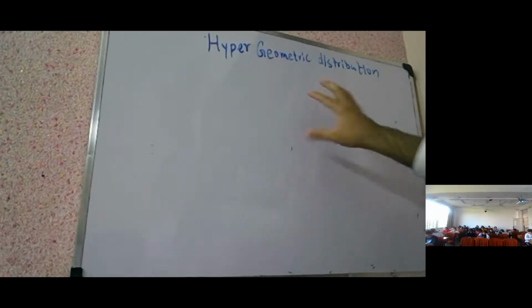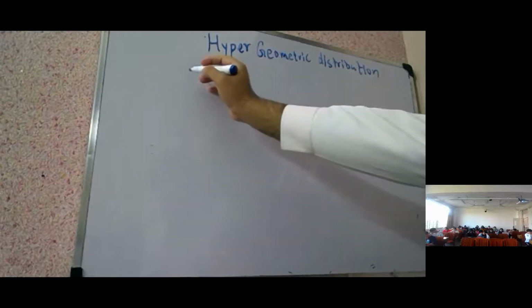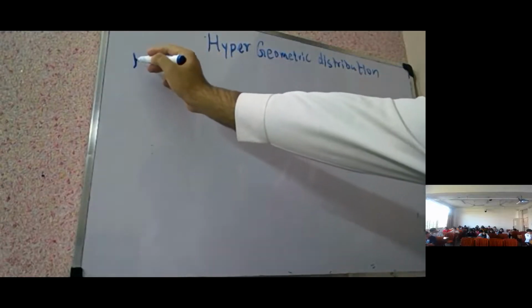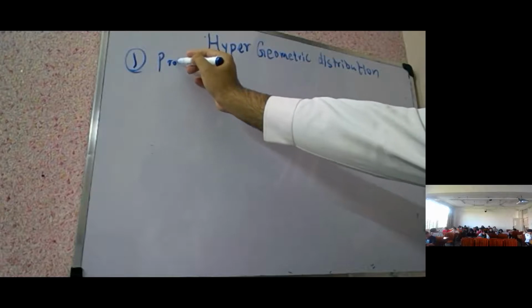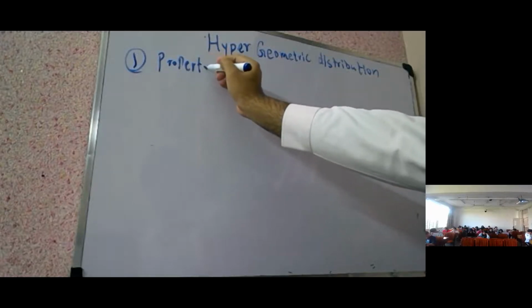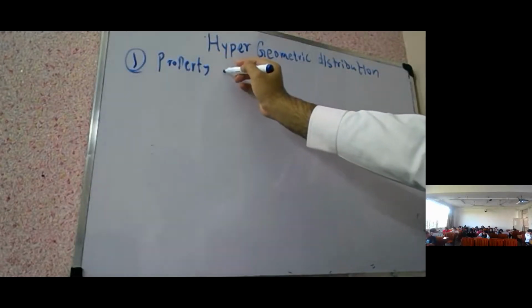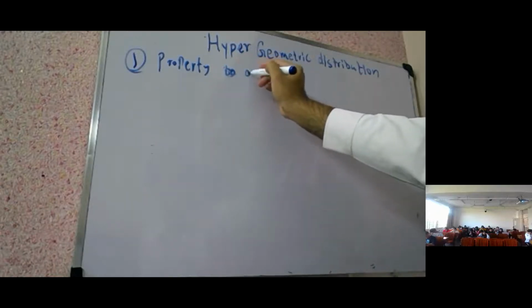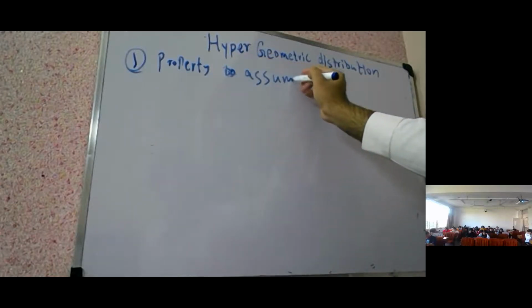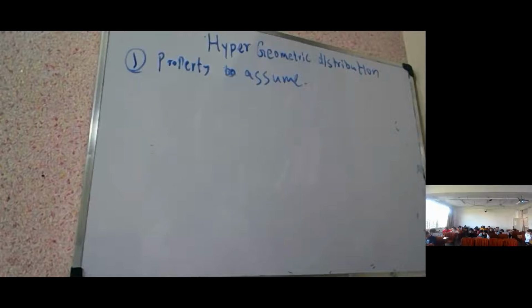Now, what's the difference between hypergeometric distribution? So far, in Bernoulli, we have only two possible outcomes. So you can see the important properties we need to assume. If you can't see, just let me know instantly.